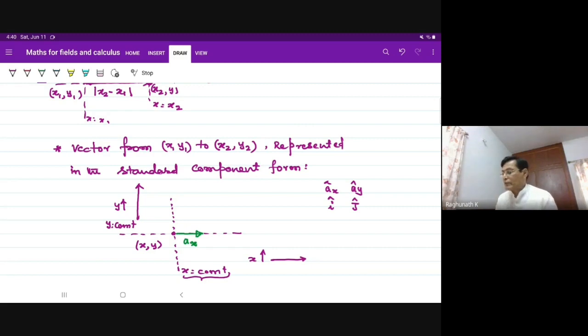Is Ax. Ay. Vector of unit magnitude perpendicular to y is equal to constant line passing through the point of interest xy in the direction of increase in y.